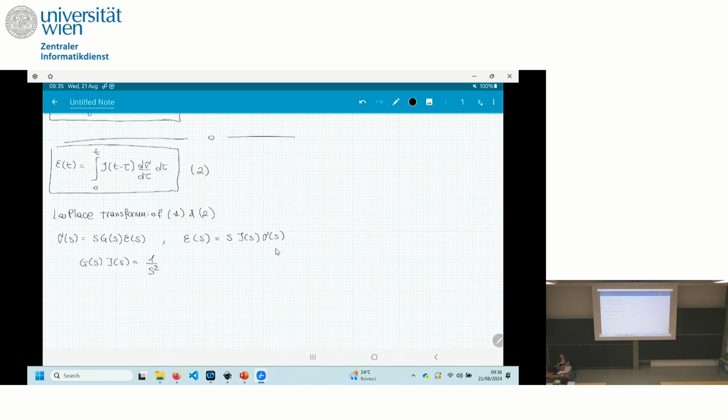Here we did make the assumption that the system is at rest before time zero. That's correct when we talk about the dynamic test. When we look at the dynamic test to obtain the complex modulus, then we do need to integrate from minus infinity because we have a continuous function.